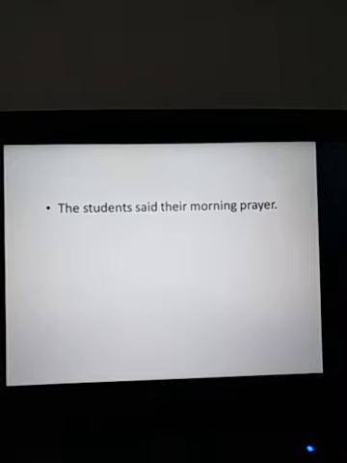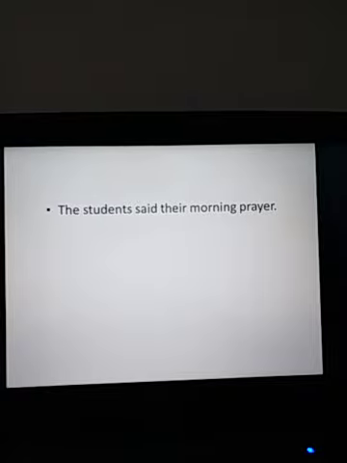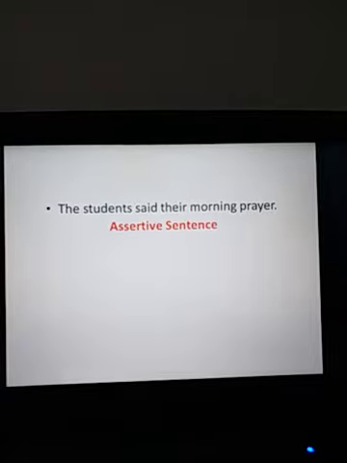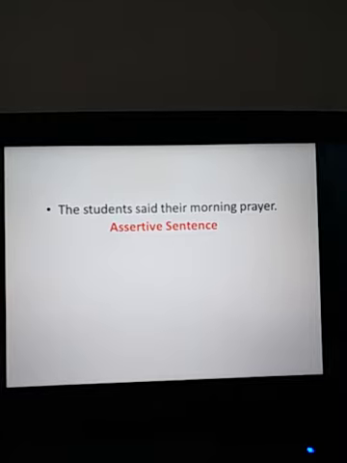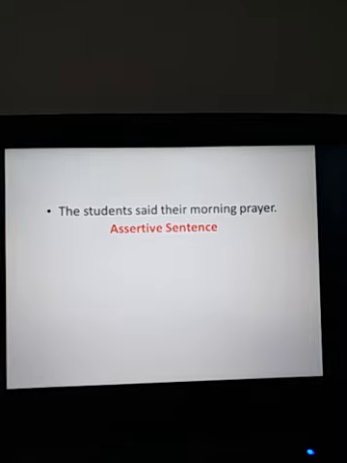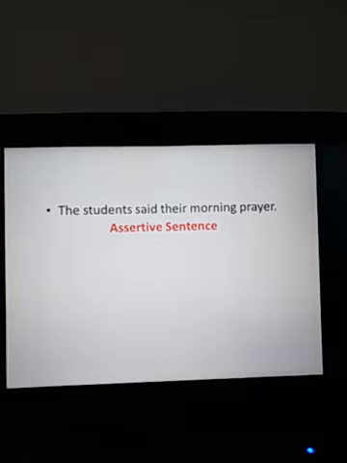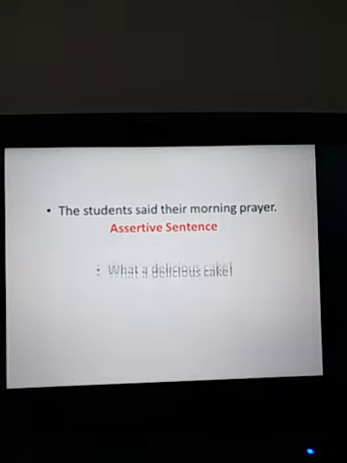Now, some more. The students said their morning prayer. It is an assertive sentence. Good. Yes, because again it is giving us some information about what the students are doing, right? It ends with a full stop.